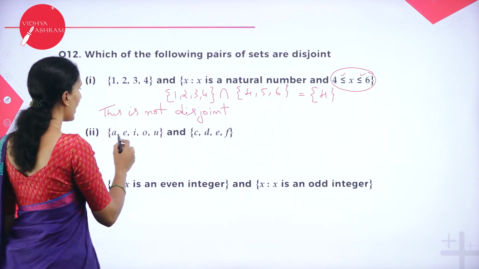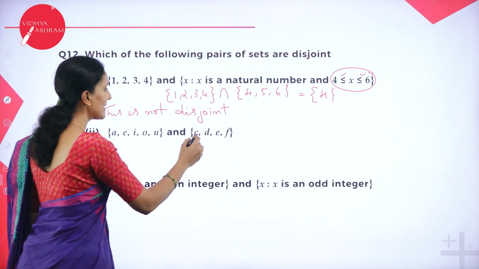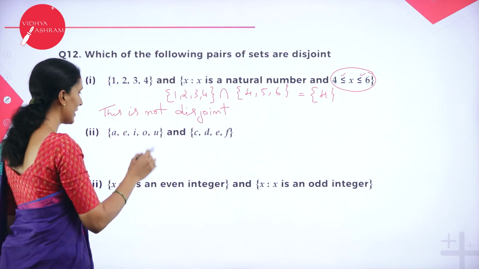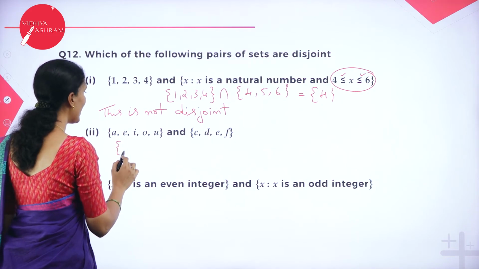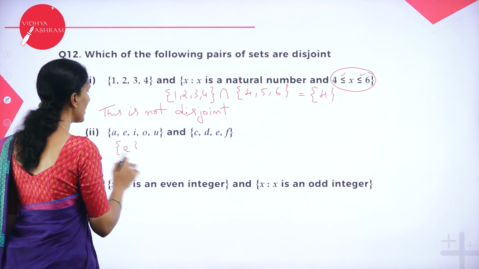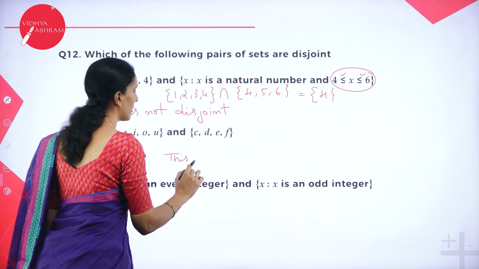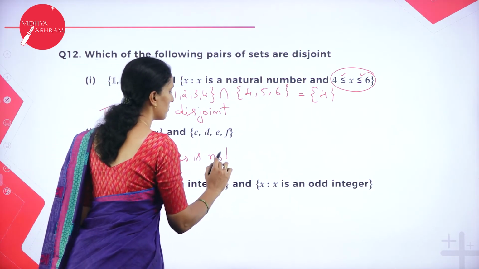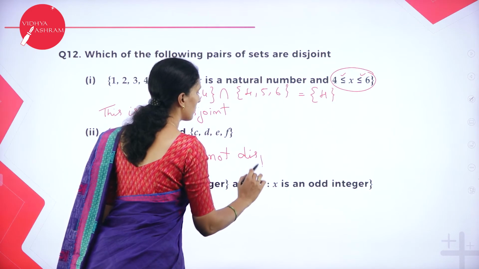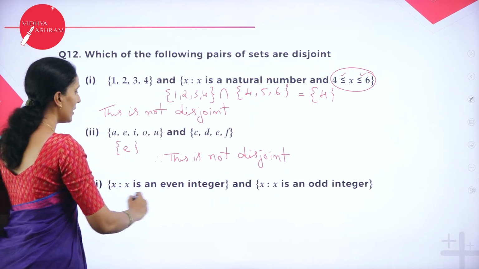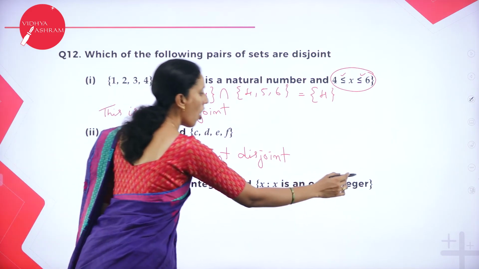Next, we have A, E, I, O, U and C, D, E, F. Do you find any common element? Yes, you are getting E as a common element. So, therefore, this is not disjoint. Next, even integers and odd integers.